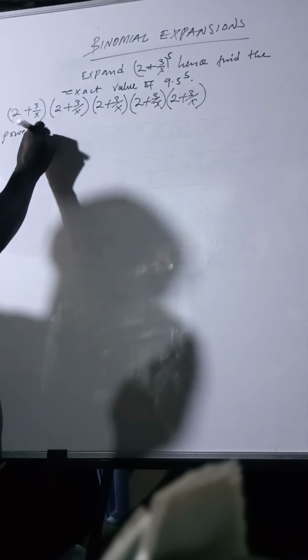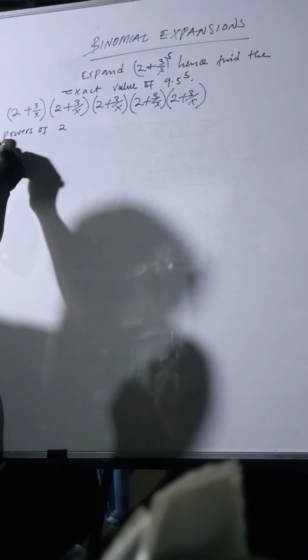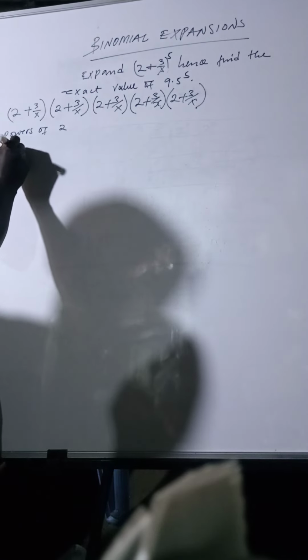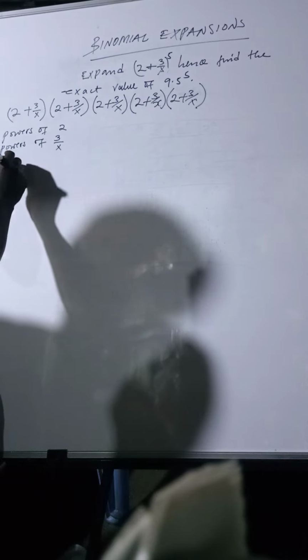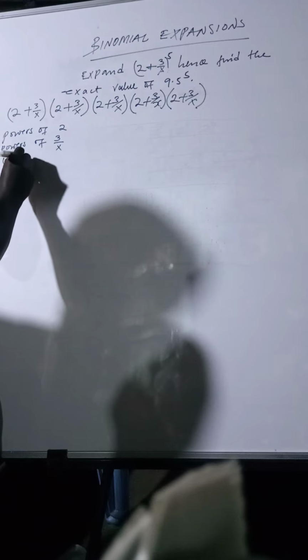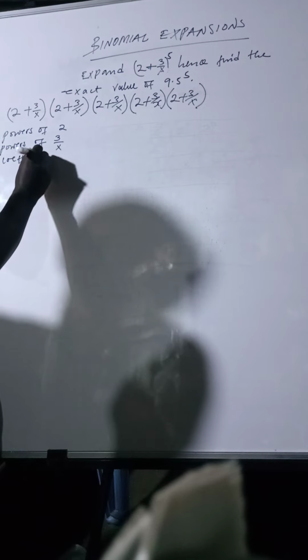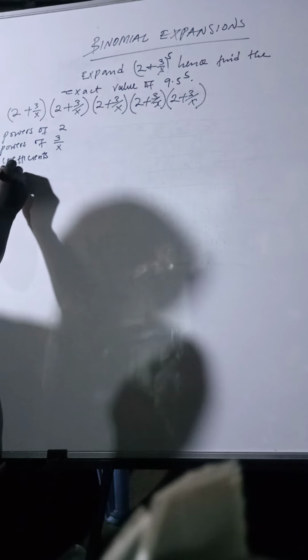So we are required to draw a very simple table where we have powers of 2, then we have powers of 3 divided by x, then coefficients, then we have products.